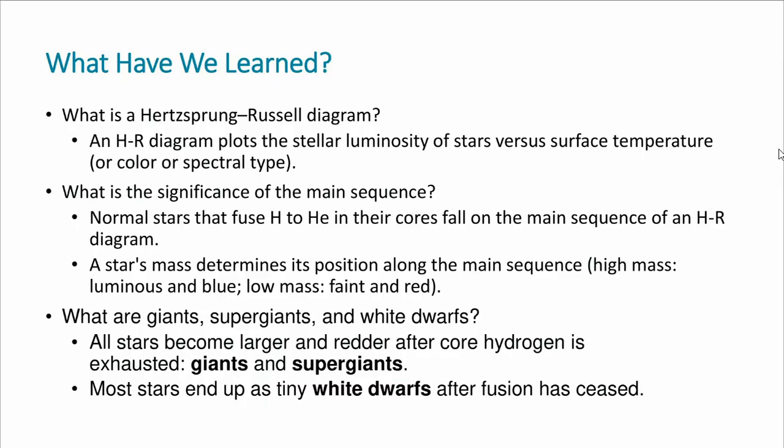And then the giants, supergiants, and white dwarfs are what happens to a star after it evolves off of the main sequence, meaning after it stops fusing hydrogen into helium in its core.